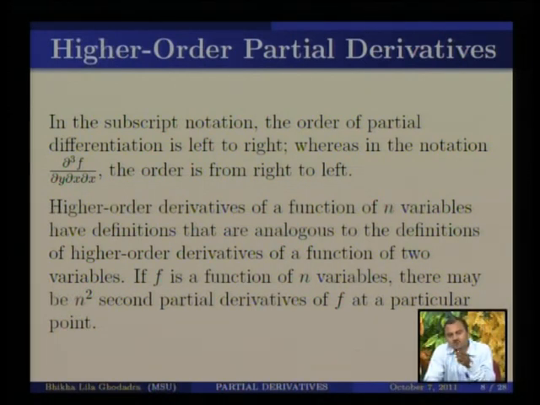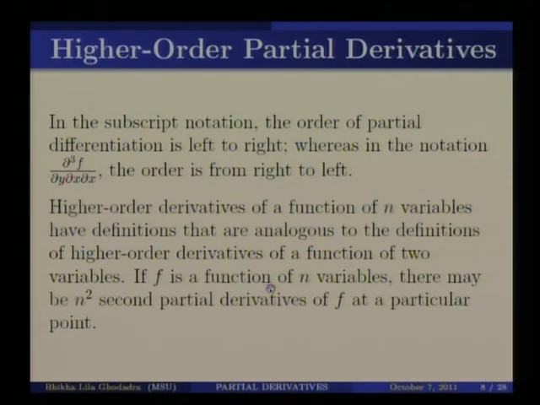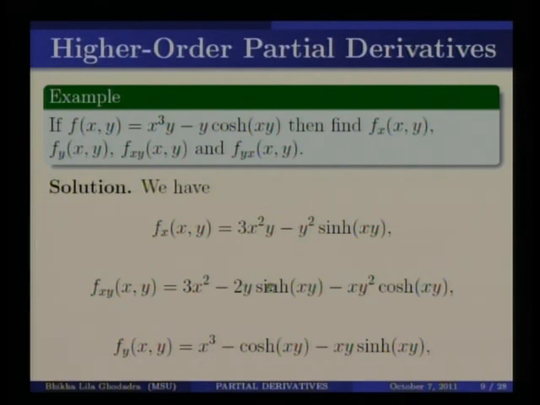If n is equal to 2, then we have four partial derivatives, which we have seen just now: f11, f12, f21 and f22. If n is equal to 3, then we have 3 squared partial derivatives of the second order, and we can go ahead by taking n large. Let us take an example.